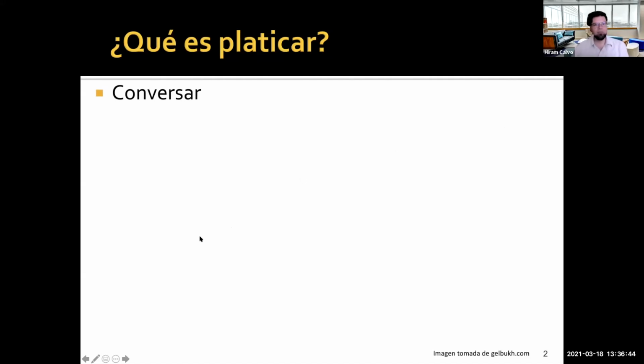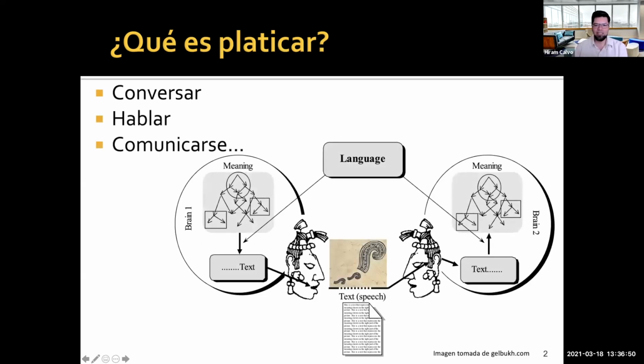So to talk means to converse, to communicate, and usually the process of talking is very complicated, because you have very complex structures in your brain, and they are passed linearly through language, through text, which is like a linear transmission. And you want the other person to have the same structures that you are trying to convey.